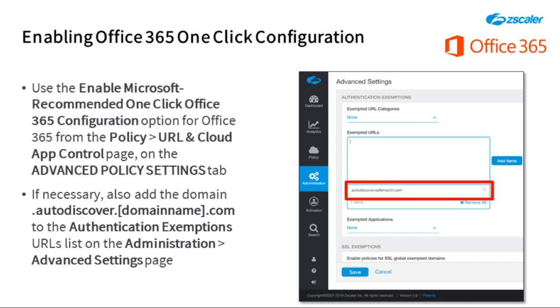One item that Zscaler cannot configure automatically when the Office 365 one-click feature is enabled is your custom domain auto-discovery URL in the authentication exemption list. Depending on your business requirements, you may need to manually add the URL autodiscover.domainname.com to the exempted URLs list on the Administration Advanced Settings page.